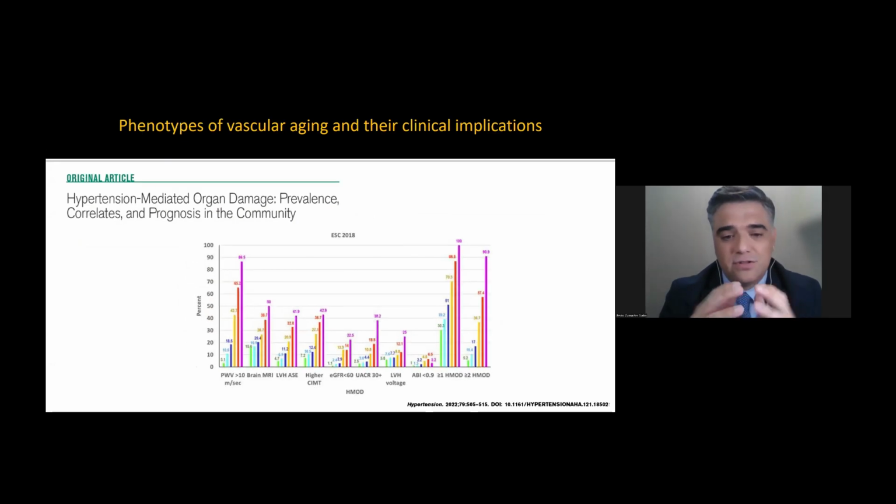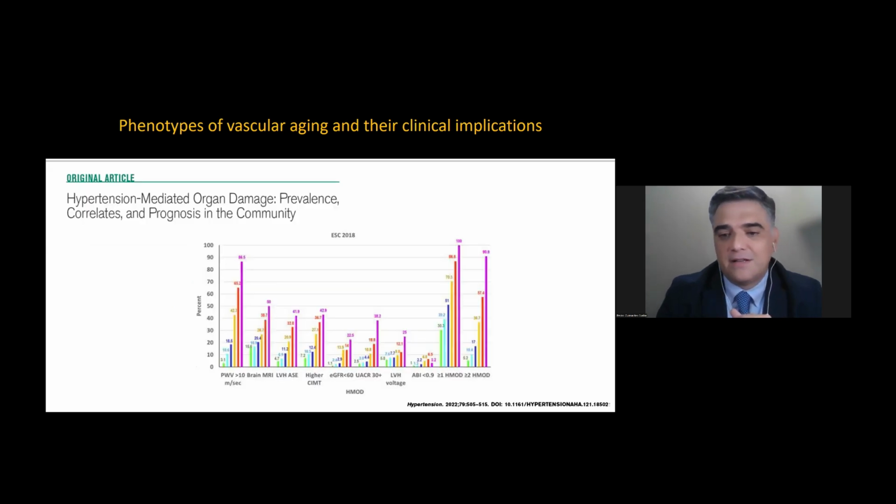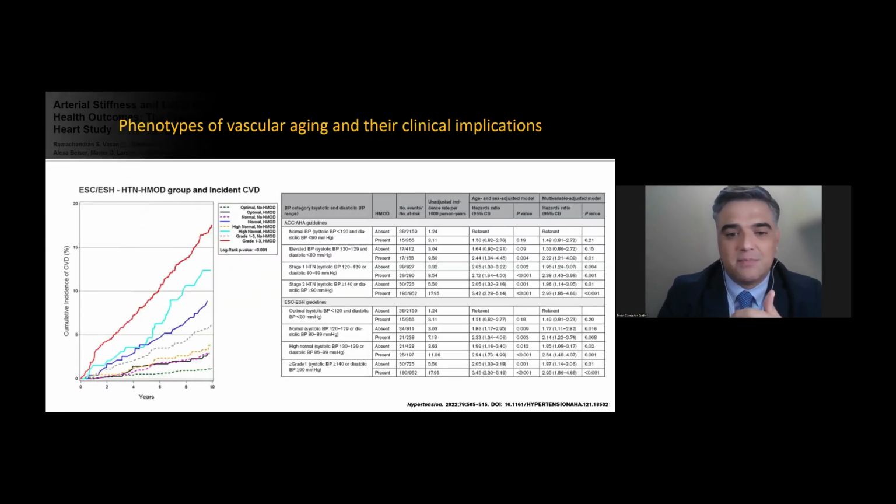And so if we do not measure pulse wave velocity and evaluate the vascular aging phenotypes of our hypertensive subjects, we are clearly depriving them of a particular tool to correctly stratify the risk that they have, and therefore intensify or not their treatment targets and their therapeutic approach.